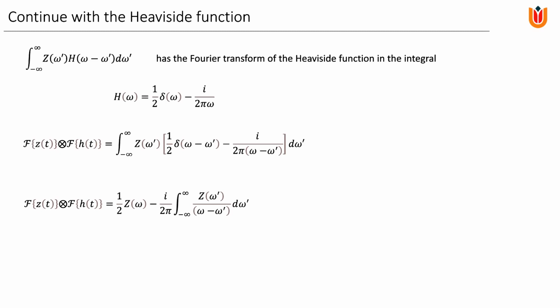It's a really strange form. The real part is a delta peak. The imaginary part scales with 1 over the frequency. So we can substitute that into the integral. So we get Z of omega prime times this part here and that part here, also shifted in frequency, because it's this convolution.